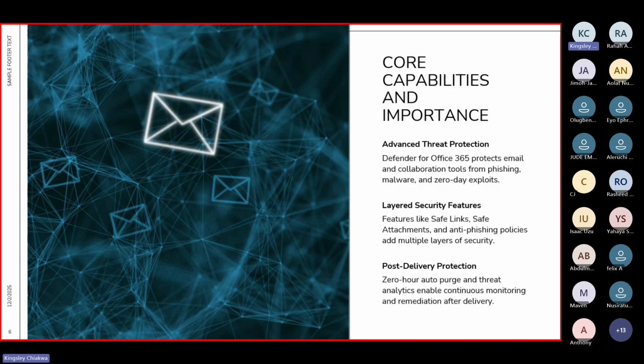Advanced threat protection is what most companies use to protect their data. I'm talking about the companies that use Microsoft 365, because there are some that might be using other things. But the ones that use Microsoft 365 use this feature for protecting their emails.